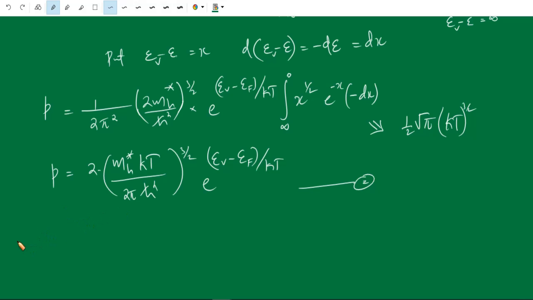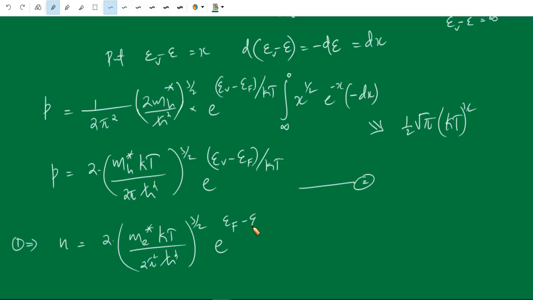So I am writing equation 1 once more here: n is equal to 2 (me star kT by 2 pi h cross square) whole raised to 3 divided by 2, e raised to (Ef minus Ec) divided by kT. Okay, so this was equation number 1.